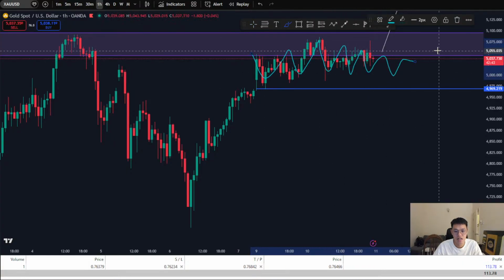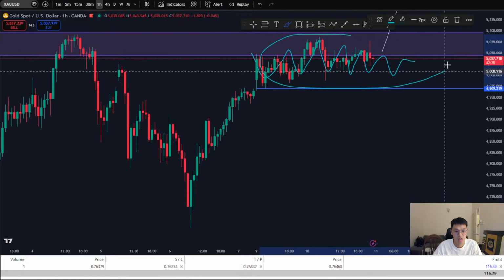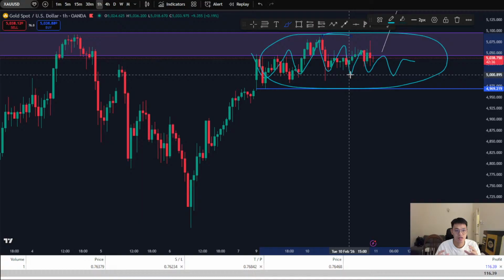Which means that the big player or the market maker starts to collect the, let me check, how to say 筹码. Is there anybody who knows what a 筹码 is in English?